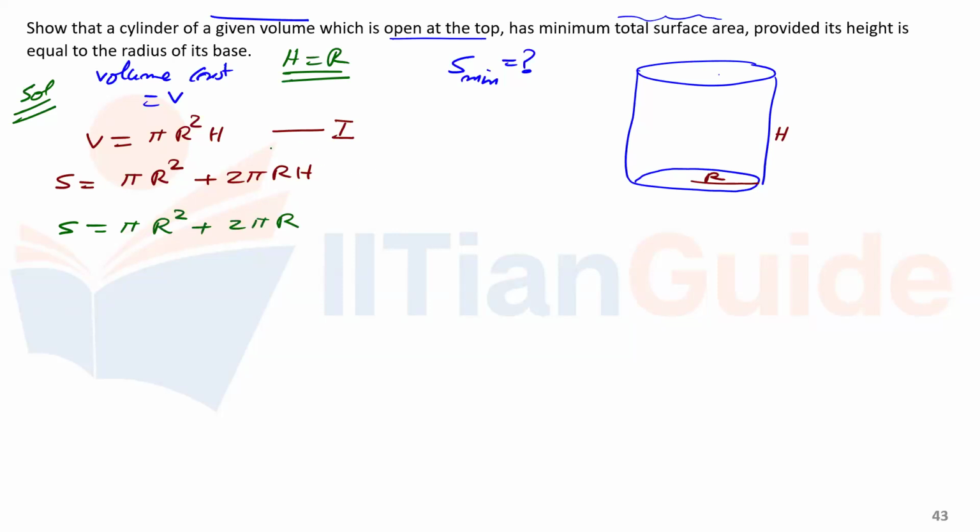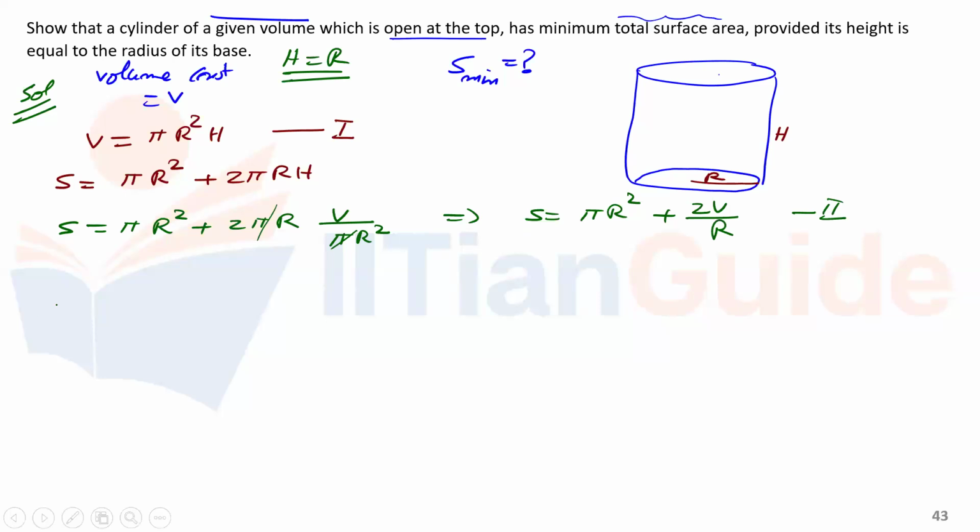So I am writing pi R square plus 2 pi R times the value of H from the first equation, that is V upon pi R square. So S is pi R square plus, pi gets cancelled, R also gets cancelled, so I am getting 2V divided by R. I am making this equation number 2.